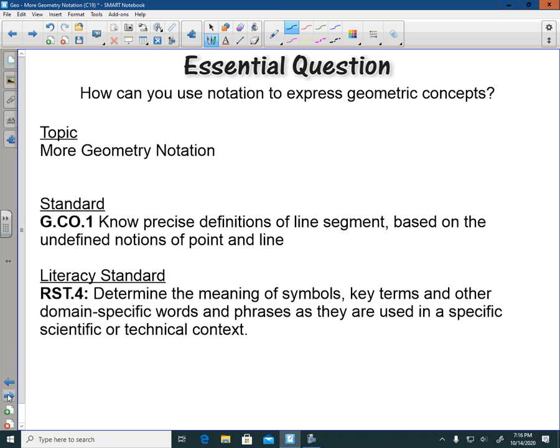How can you use notation to express geometric concepts? And from there, you're going to draw lines so that you have a column for notes, a column for questions, and then a summary row at the bottom of the page. And so it might be worth pausing the video and getting that set up.